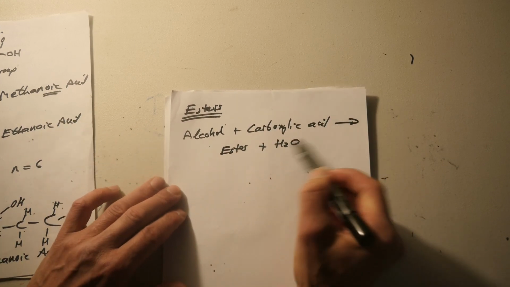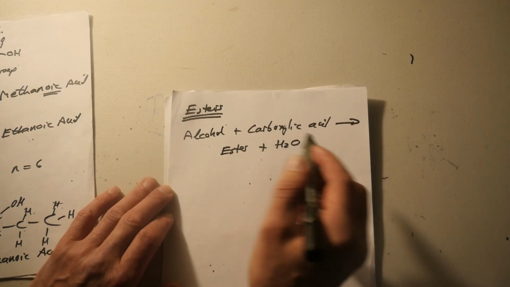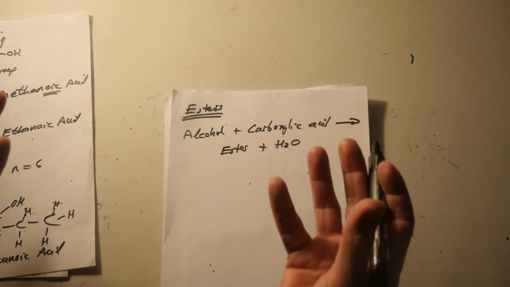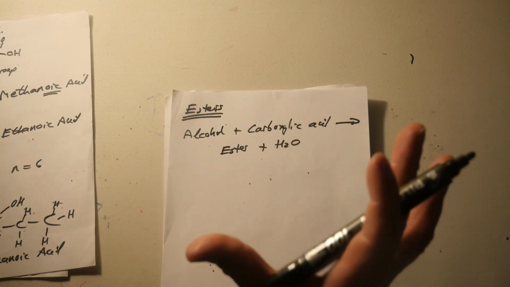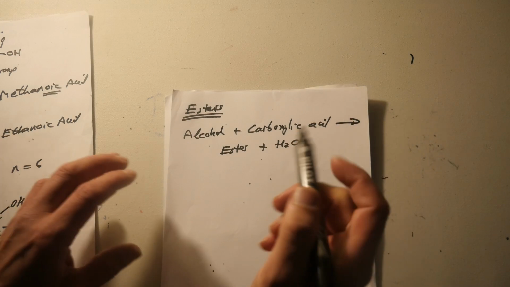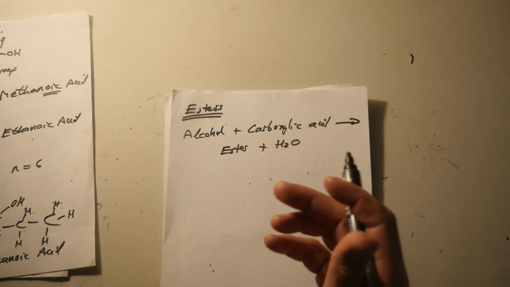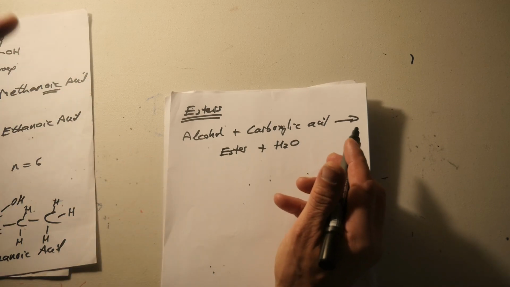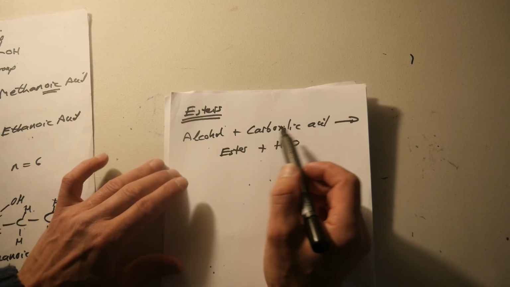Because water is let off, these reactions are called condensation reactions. At night when you breathe out, in the morning the window is covered in water. That's condensation, all the breath coming out of your lungs. It's the same sort of idea.